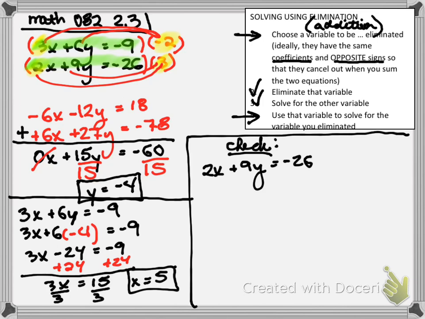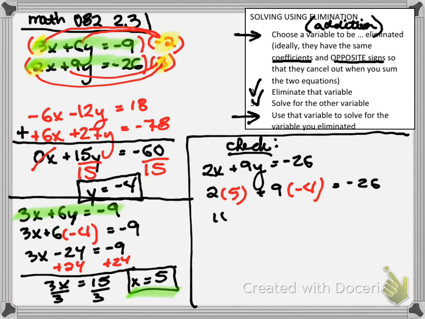So what I mean by other is we use the first equation, 3x plus 6y equals -9, to solve for x here. So now I'm going to use the second equation, which is 2x plus 9y equals -26, to verify that the solution x equals 5, y equals -4 works, not just for that equation, which we already know it does, but for this equation as well.